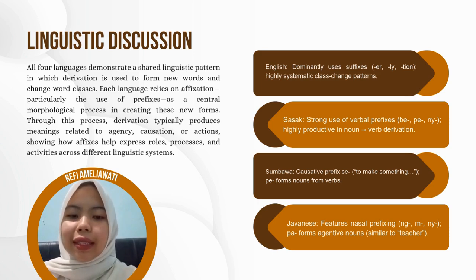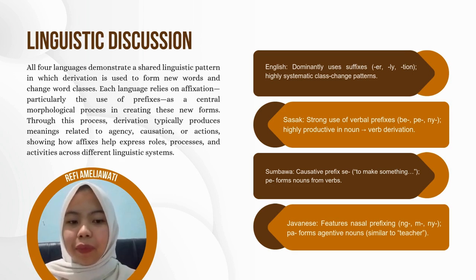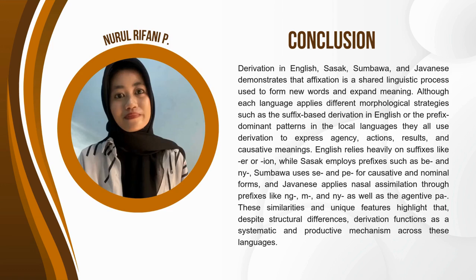Meanwhile, Javanese is known for its nasal prefixing, and the prefix pa creates agentive nouns similar to the English suffix er. Overall, even though these languages have different affixes, they all show that derivation is a universal morphological process.